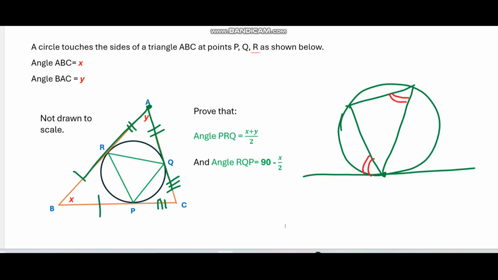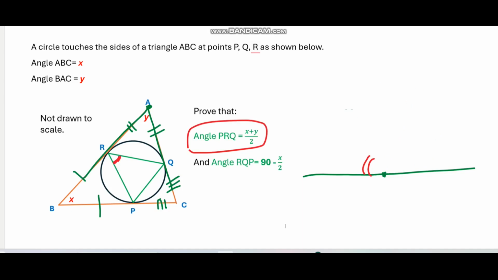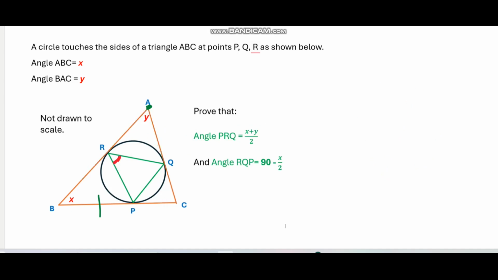So the first part is to show that angle PRQ, this angle, is (x plus y) divided by 2. So let's try to do that. I'm going to erase everything and start from scratch.